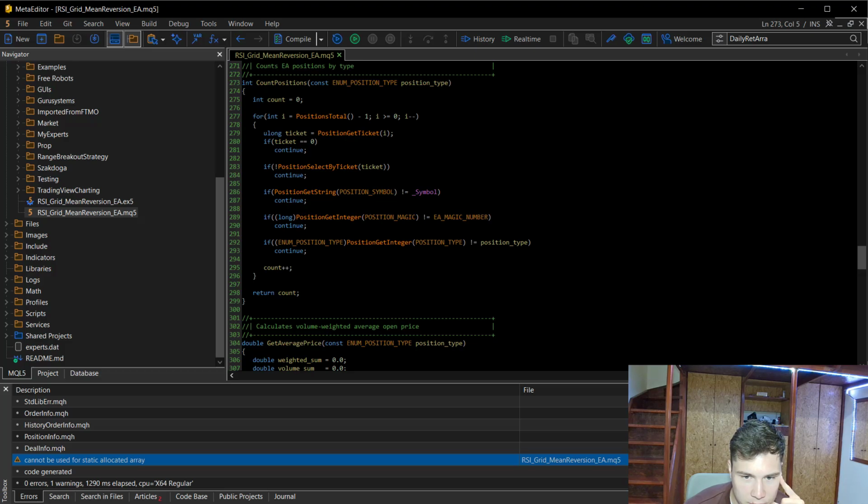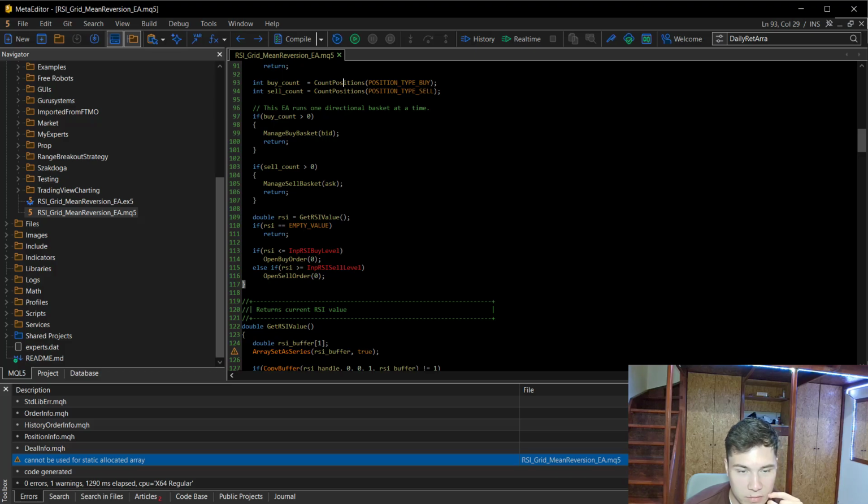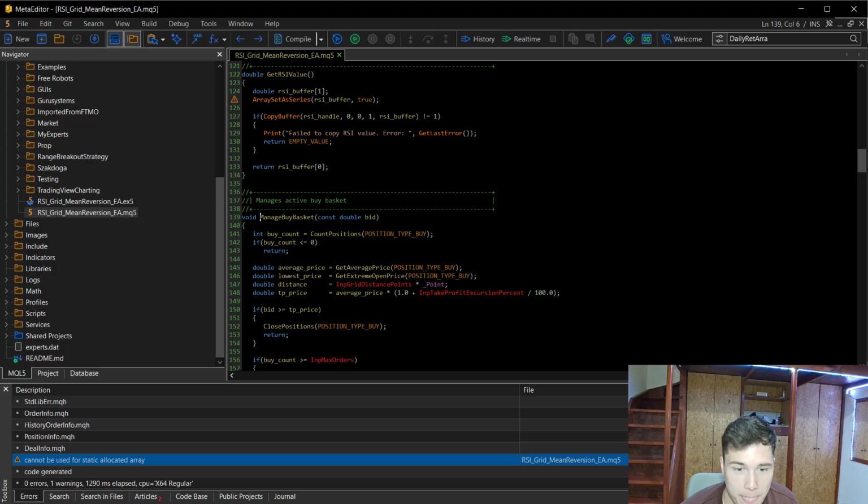If the position is of the given position type, then we increase the count. Otherwise, we continue. If the buy count is above 0, we manage the buy basket. If the sell count is above 0, we manage the sell basket. So if we have buy trades, we manage the buy basket, and if we have sell trades, we manage the sell basket.